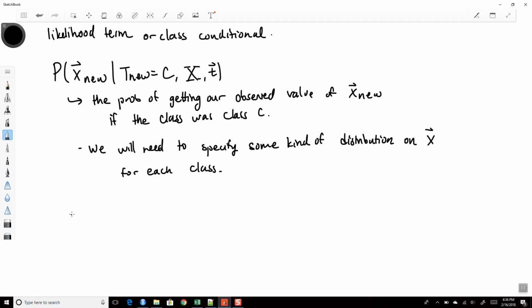Okay, and so you have all sorts of choices, but if you have, I don't know, 2 numeric variables, maybe you will choose a multivariate Gaussian. That's a possible choice. Okay, so you have, of course, many choices, but popular ones.